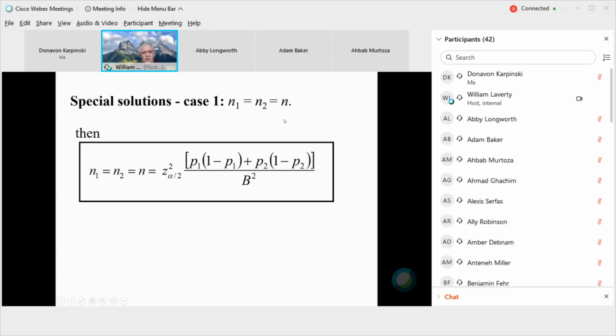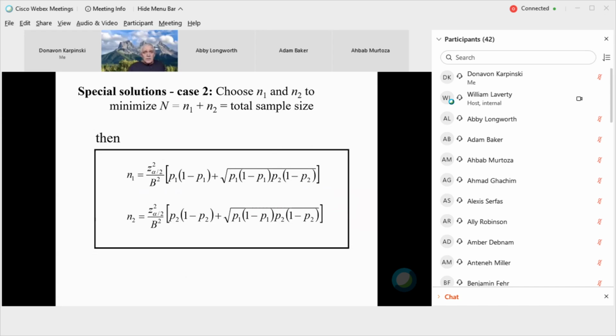You want to estimate with an error bound of B, level of confidence 1 minus alpha. In the case when you want both sample sizes to be equal, this is the sample size that will give an error bound of B, level of confidence 1 minus alpha. This is the solution when you want to choose N1 and N2 to minimize the total sample size.